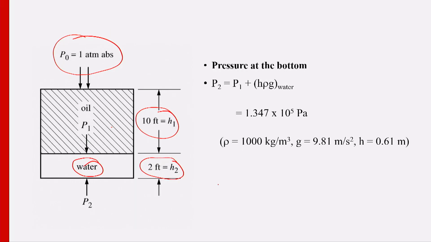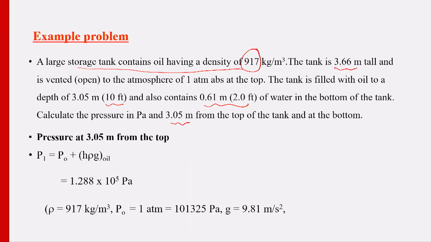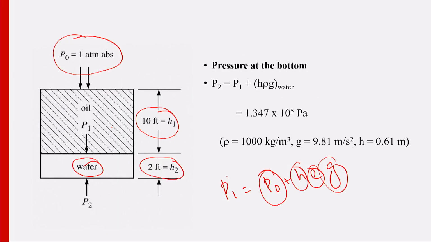So P1 equals P0 plus H rho G. The P0 value we already know, 1 atmospheric pressure, and the height you know too. The density of oil is already provided in the problem, 917 kg per meter cube, and of course gravity. Then we get the value of P1, which we can calculate very easily.